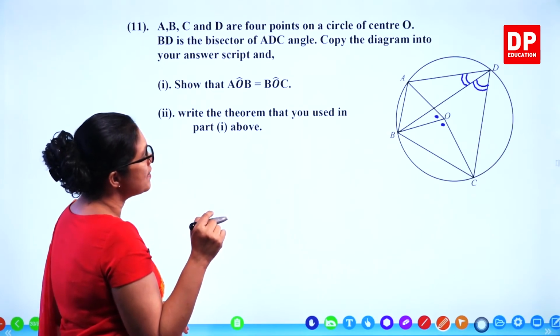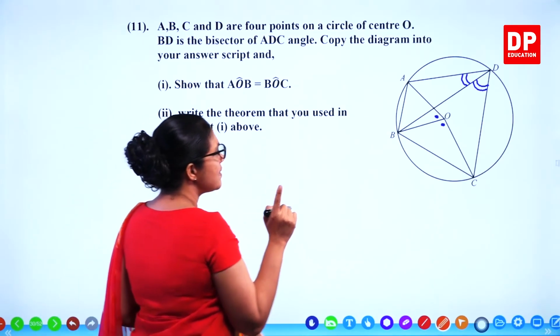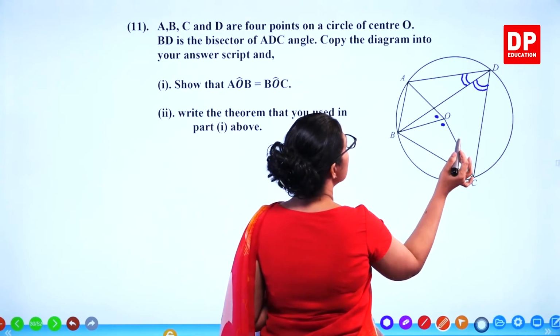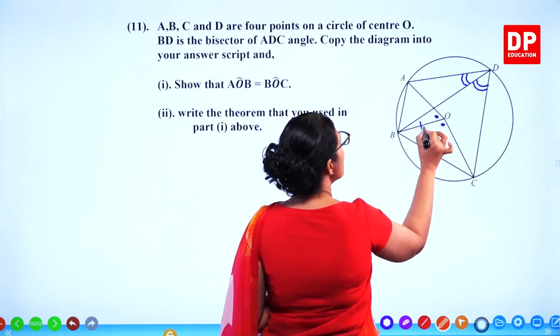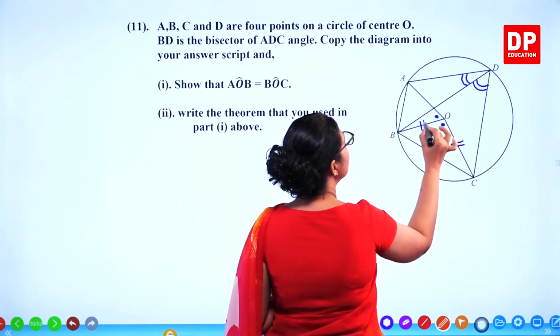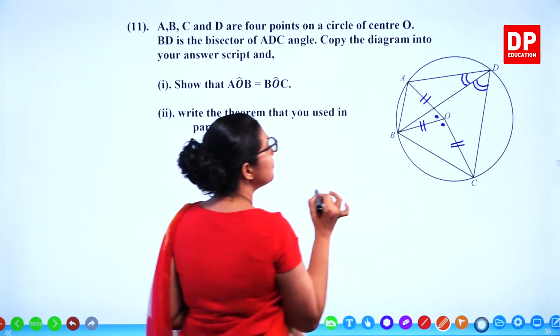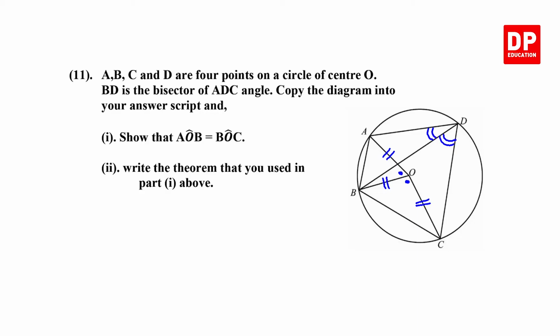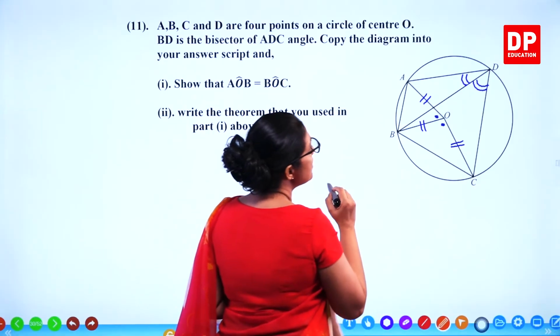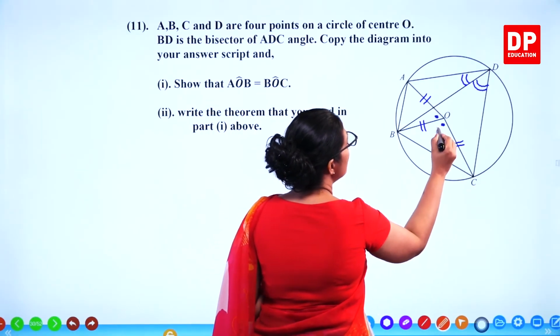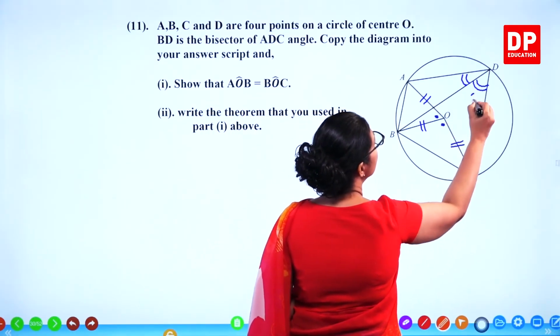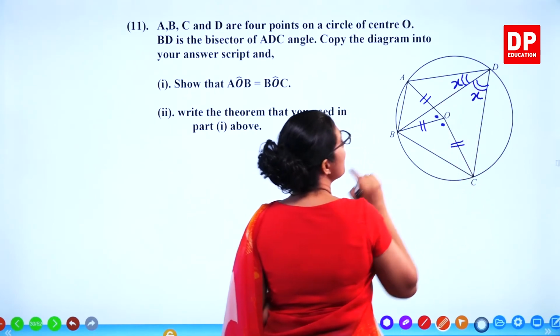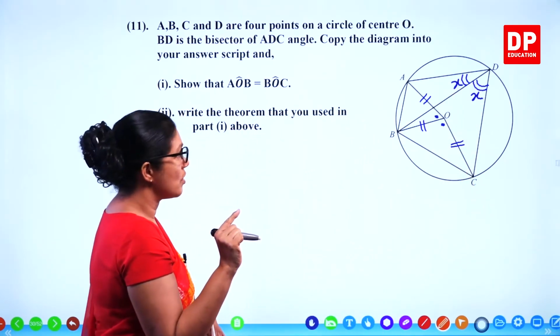We know O is the center, so we can mark the radius. This is equal to this, and this is equal to this. We'll take x here. This is x, both are equal, that's given in the question.